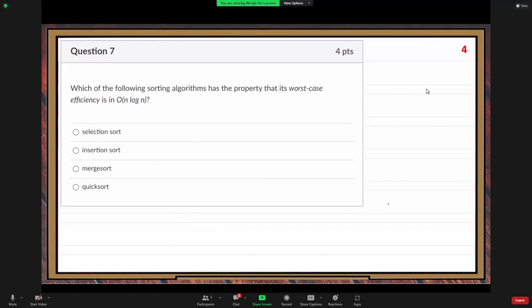Number 7. Which of the following sorting algorithms has the property that its worst case efficiency is n log n? Very obvious, as I mentioned before, merge sort. When we design merge sort, we want to make its worst case the best we can.